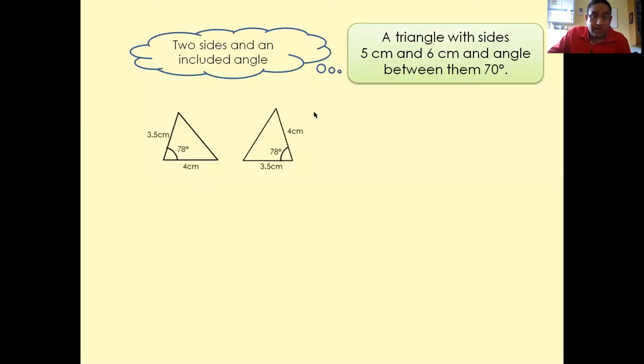For the next one, what they're giving us here is that two sides are equal in both the shapes, and the included angle is equal as well. It's very important to note this. They're not talking about this angle or this angle.